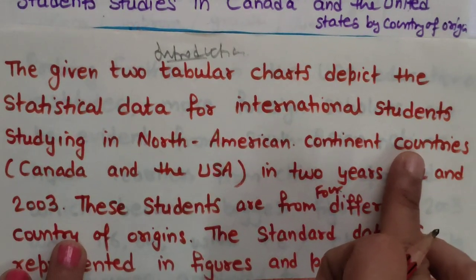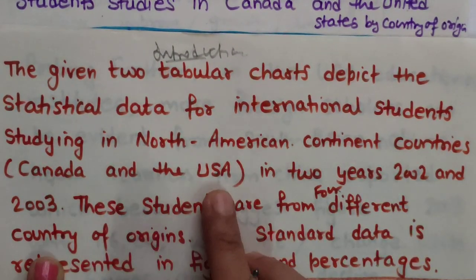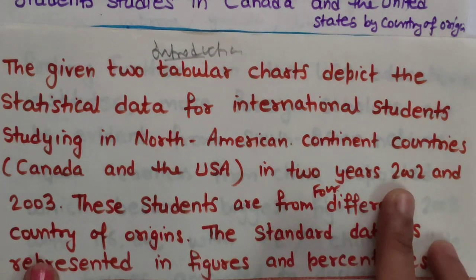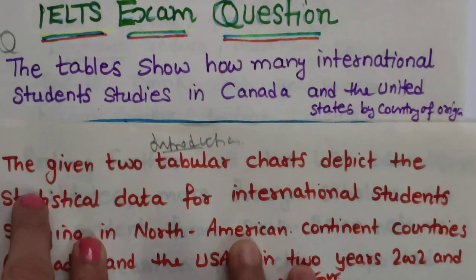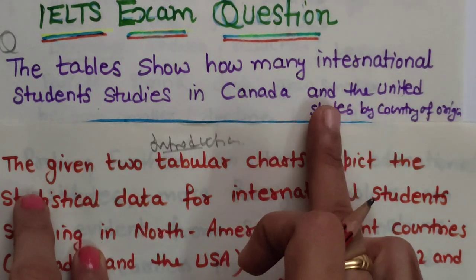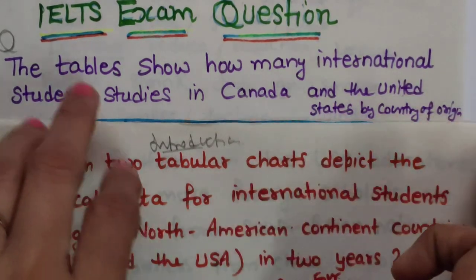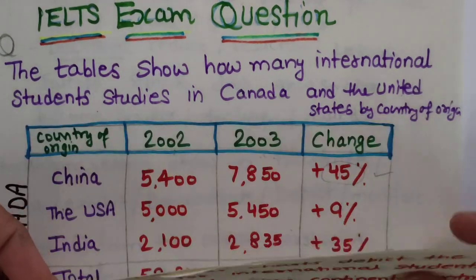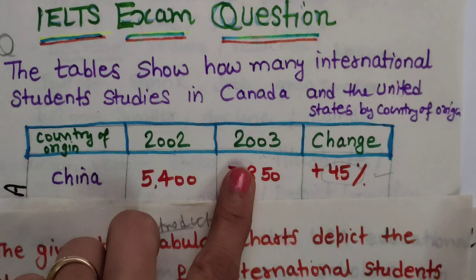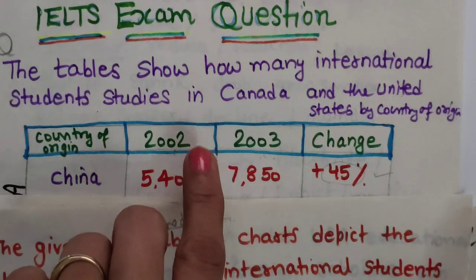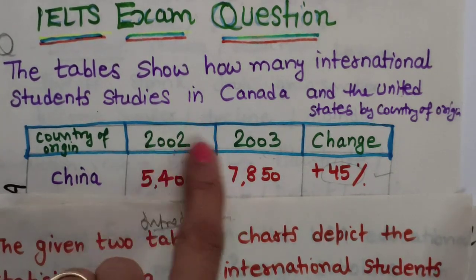You can use the word in brackets Canada and the USA in 2 years, 2002 and 2003. They have not used any word relating to 2002 or the year name, but it was given in the data, so I am using these words. Whatever name is given in the diagram, you can use these words.